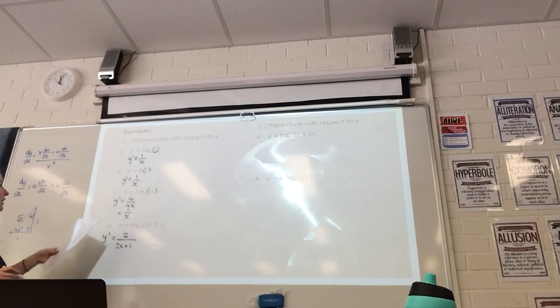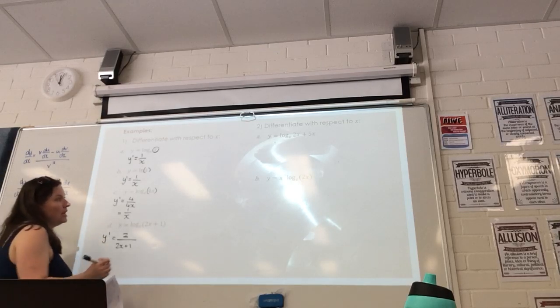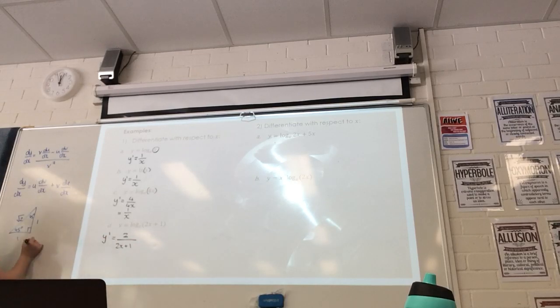Okay, so if you have a look, it says on the formula sheet, if y equals ln f(x), then dy/dx is equal to f'(x) over f(x). Okay, so ln something differentiates to differentiate that something over the something, yeah? Which is exactly what we've been doing, okay?